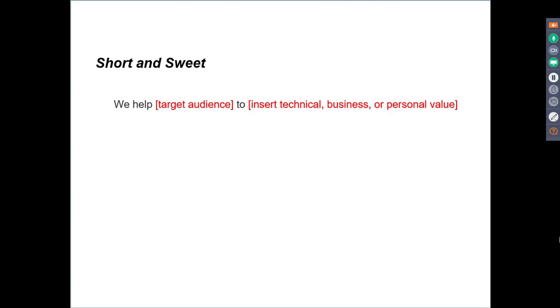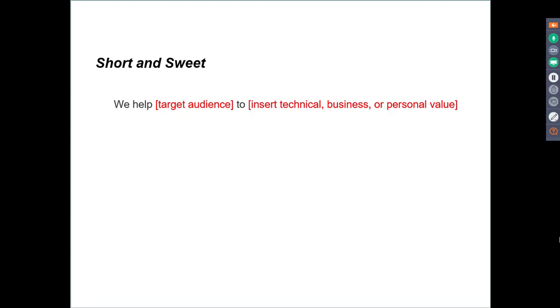It could be an industry reference: we help manufacturers, we help airline companies. It could also be an individual, like we help people to do this. We help individuals. We help homeowners. It could also be someone in an organization, like we help VPs of human resources.